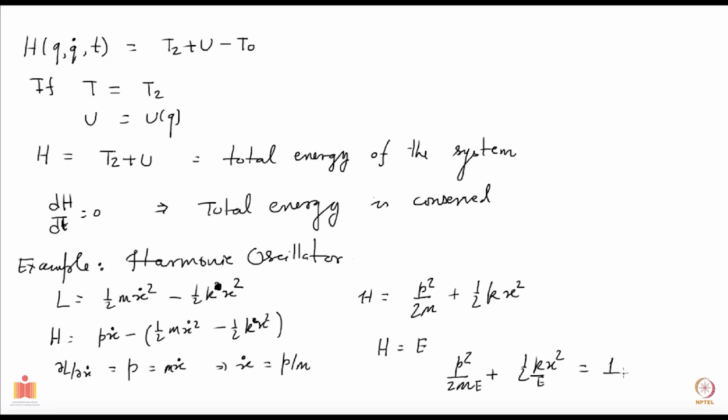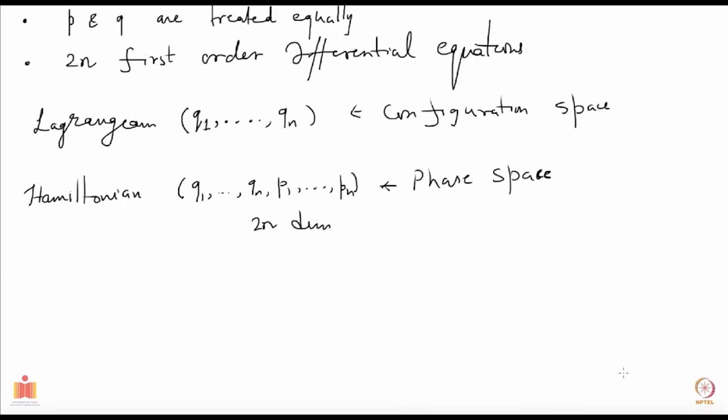Now we can ask how things look in phase space. You remember we introduced phase space. This was the 2n dimensional space in which you have the axes q1, q2, and so forth, and p1, p2, and so forth.